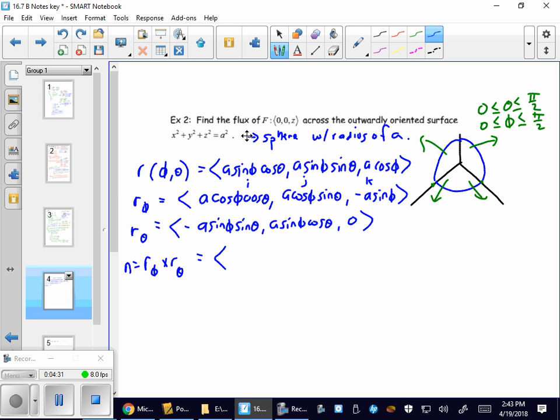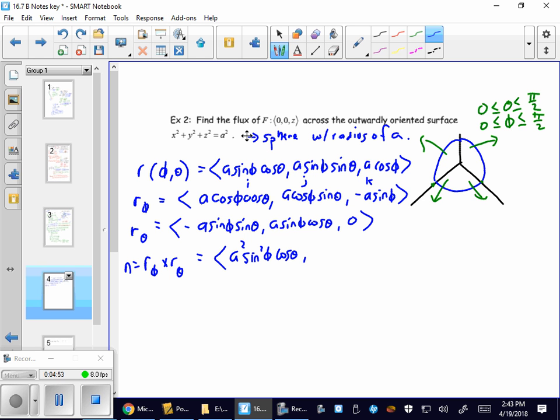Okay, so I was doing the cross here in my head, and you're going to get the 0 from the j times the k main diagonal, and then you're going to get minus the k part, which is good. So we're going to have a squared sine squared phi cosine theta. Yeah, this is probably going to give us the outward one, so this is the one we want.